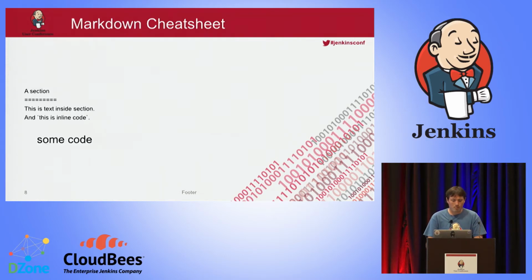First, a very quick cheat sheet about Markdown. I'm sure most of you already know Markdown, and it's always nice to have a refresher. With Markdown, you basically use text to do markup. So this is a section. A section is just a line of text followed by a line of equals signs. There are other ways to declare a section, but this is one of them.